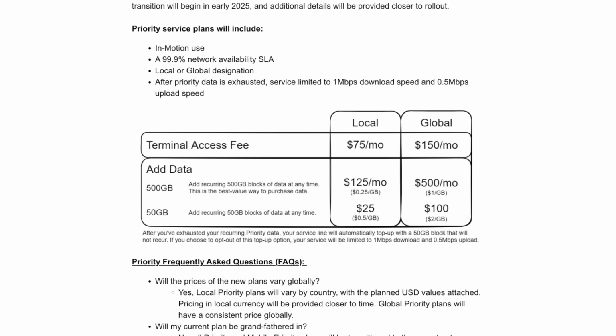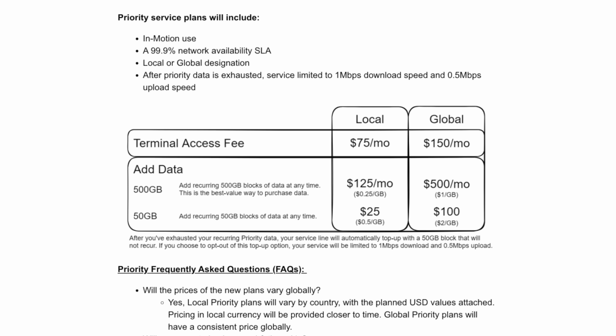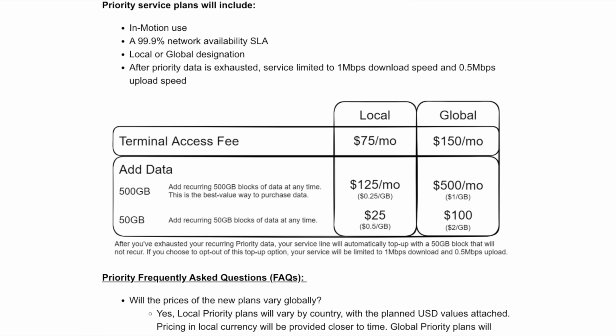So now with Local Priority and Global Priority, you have basically two parts of the monthly price. You have a terminal access fee, which is a fixed cost, one time per month per each Starlink terminal that you have. And then you have the priority data blocks that you're buying. For the Local Priority service plan, you're going to start out with a $75 per month terminal access fee.